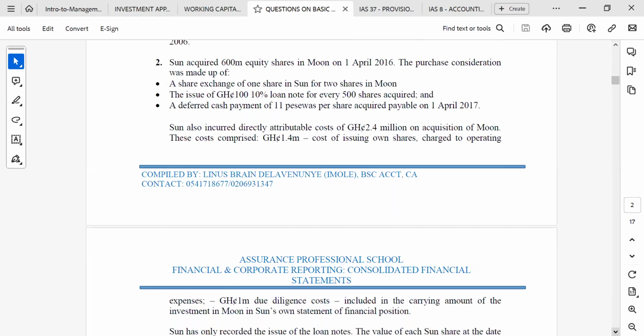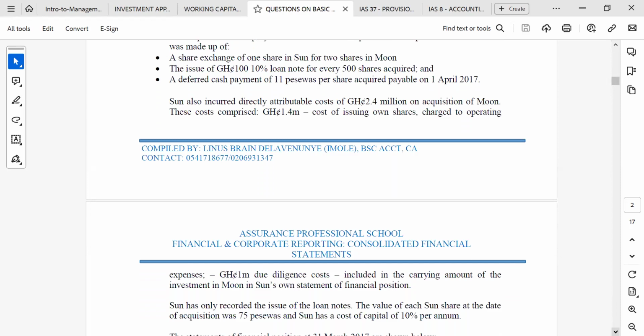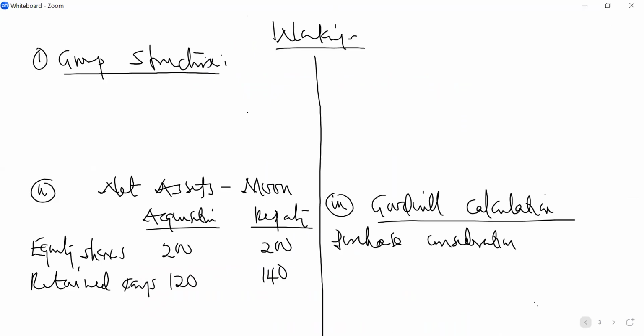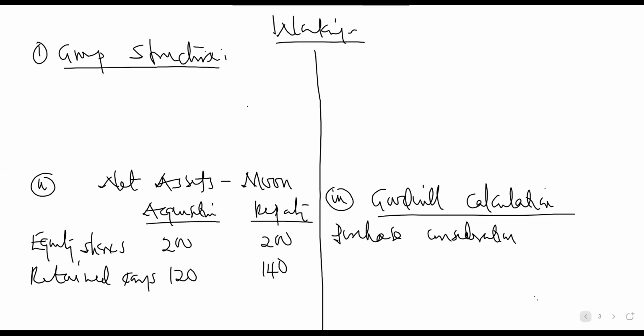The purchase consideration was made up of a share exchange of one share in Sam for two shares in Moon. So how do we do that? What will be the proportion? 1/2. So we first go to the purchase consideration.